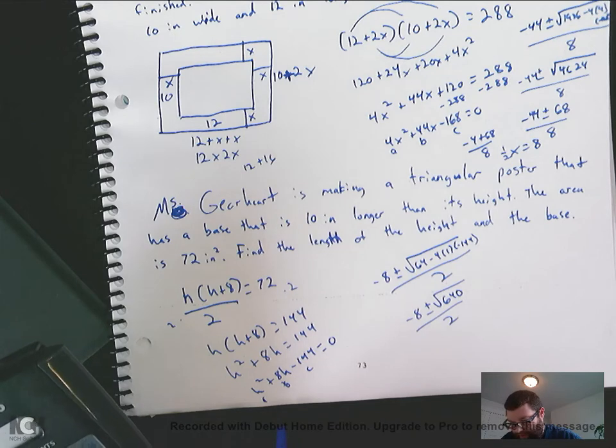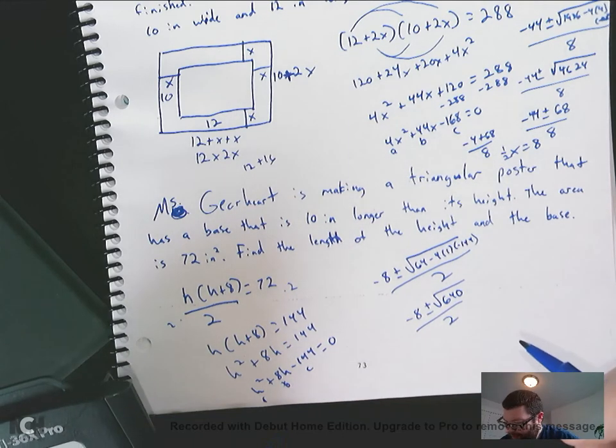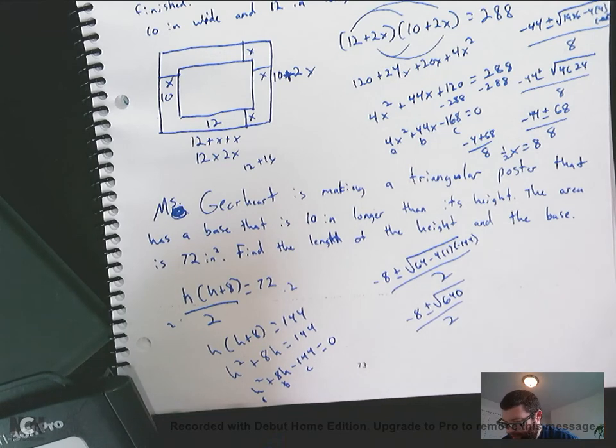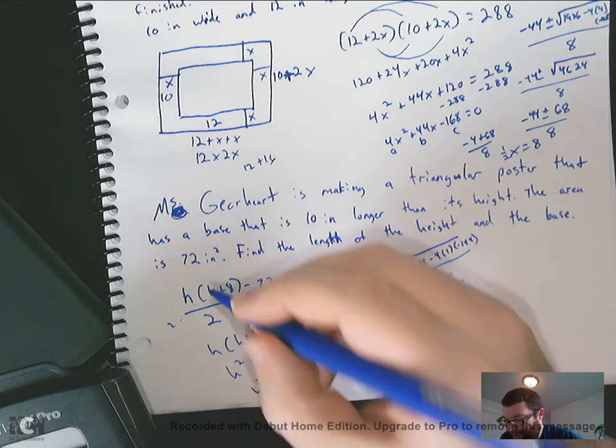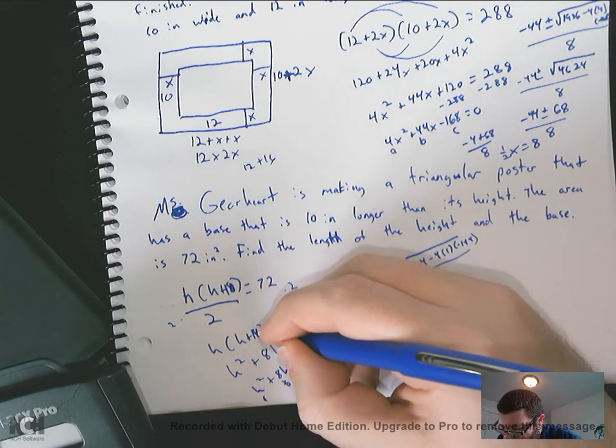Negative 4 times negative 144 is 576 plus 64 is 640. That's right. What did I do wrong? Oh, it's 10 inches longer. That's a 10. That's right, I fudged the numbers.